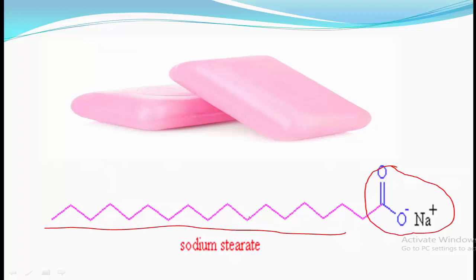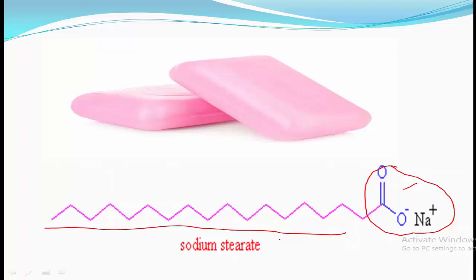So the tail part is said to be hydrophobic, and the end part, that is the head part, is said to be hydrophilic. Hydrophilic means it is attractive towards water. Hydro means water, philic means attraction or loving. So hence this head part is water attracting or water loving, and this tail part is water hating, means it will get attracted to any other hydrocarbons.